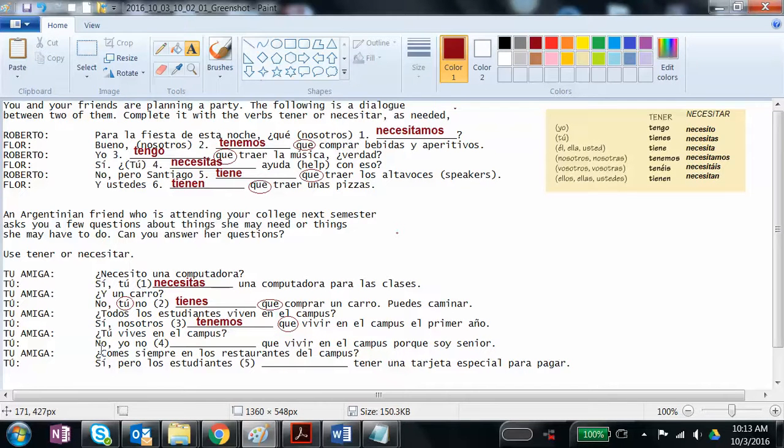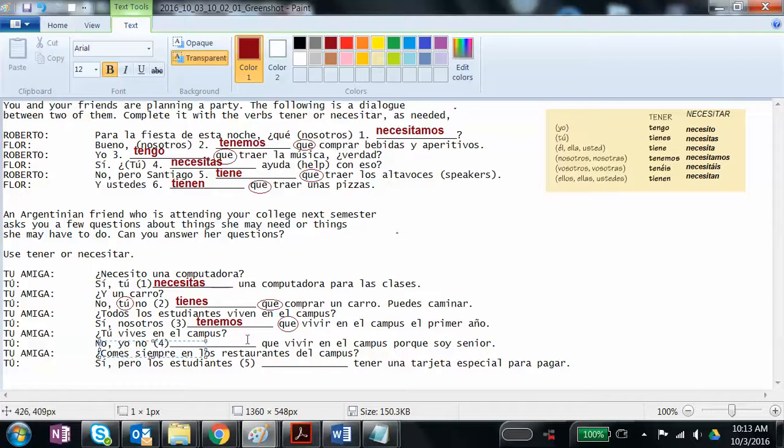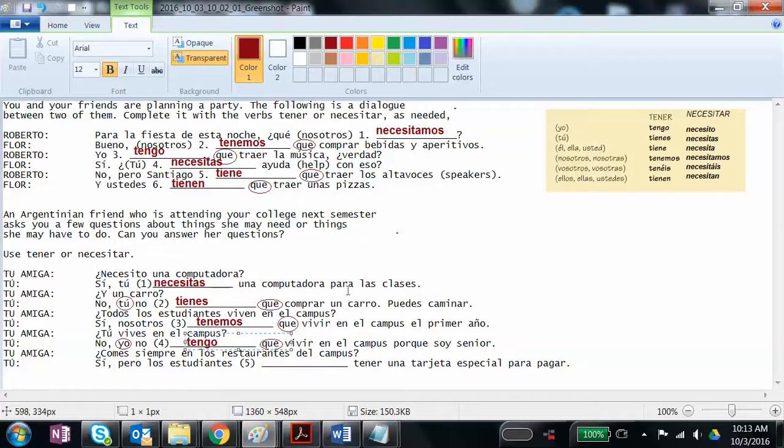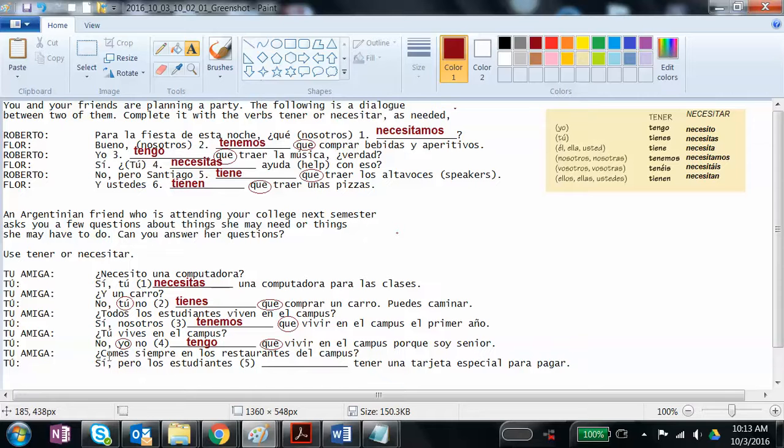Tú vives en el campus. No, yo no blank que vivir en el campus porque soy senior. Again, it's going to have to be tener because of the que. And yo is the subject, so it's going to be tengo. Okay. Sí, pero come siempre en los restaurantes del campus.